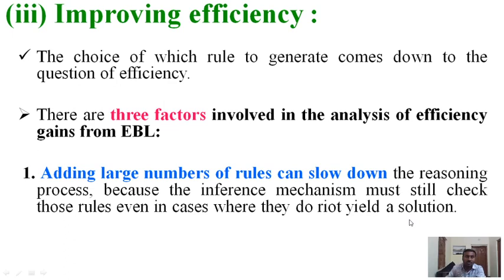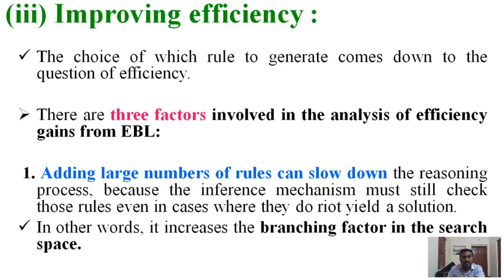So when a large number of rules are added, we check whether the process is maintained in a proper manner or not. So this is the first factor. In other words, it increases the branching factor in the search space. So if you add a large number of rules, it automatically increases the branching factor also. This is the first condition.